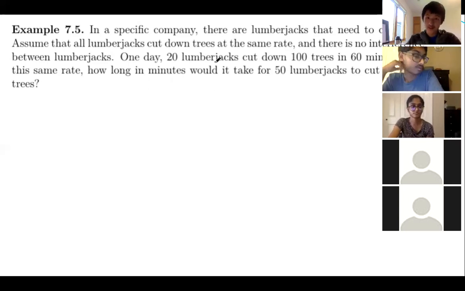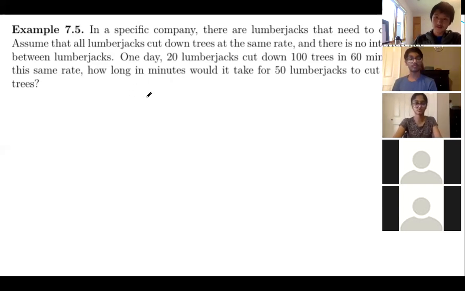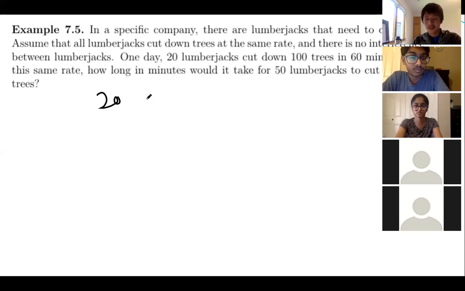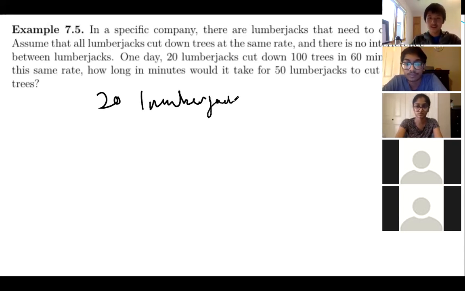So one day the 20 lumberjacks cut down 100 trees in 60 minutes, and the problem wants you to find how long it would take for 50 lumberjacks to cut down 50 trees. So if we start to look at it, we have 20 lumberjacks, 100 trees, and it's 60 minutes. Sorry, my handwriting is not good.